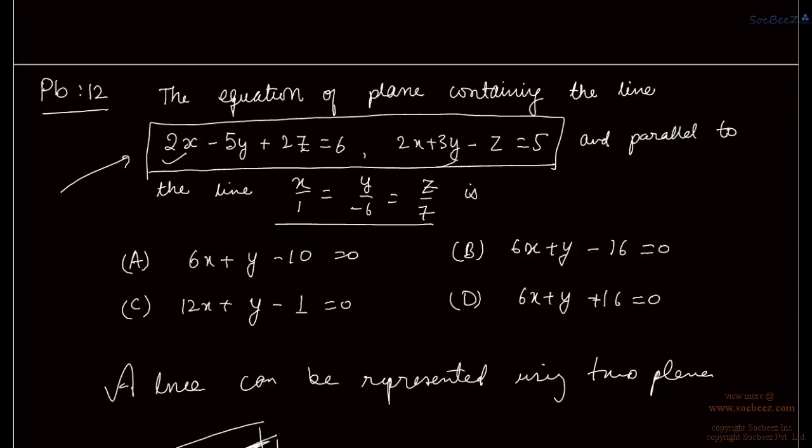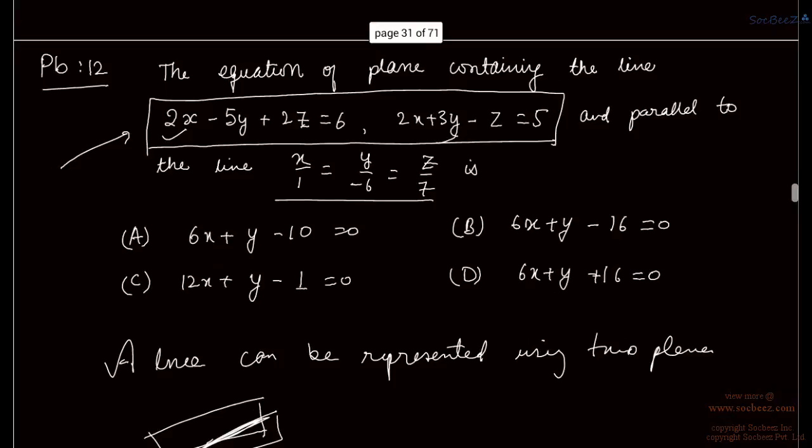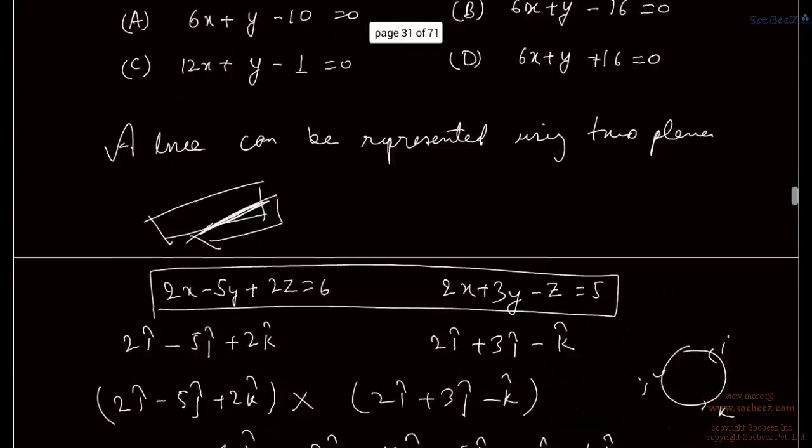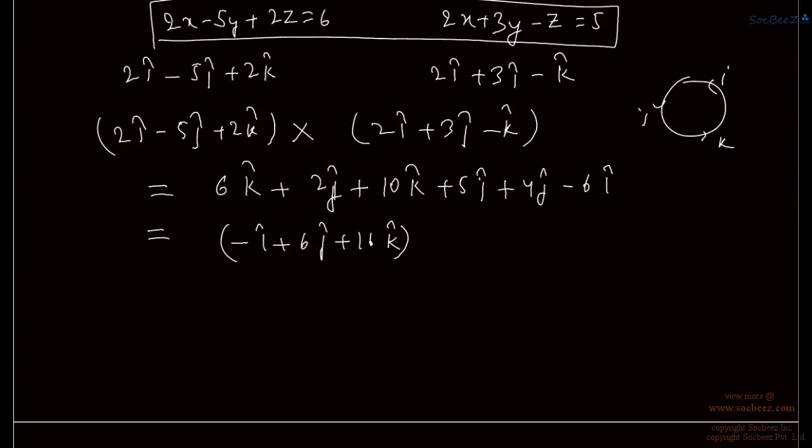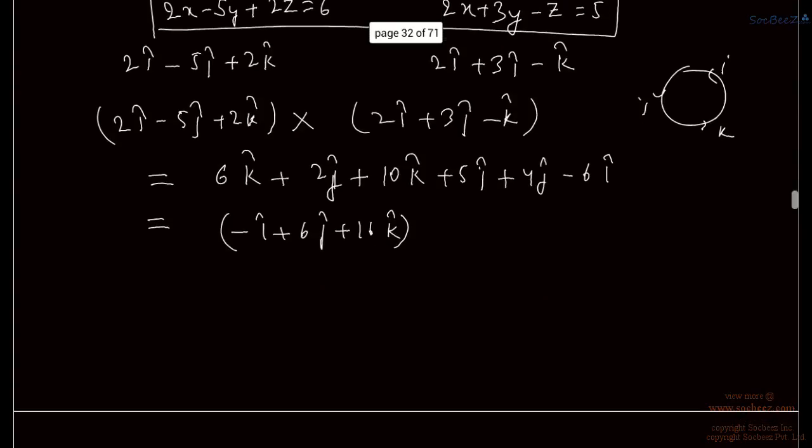So the normal vector to the plane must be perpendicular to this vector, since the equation of the plane contains the line.